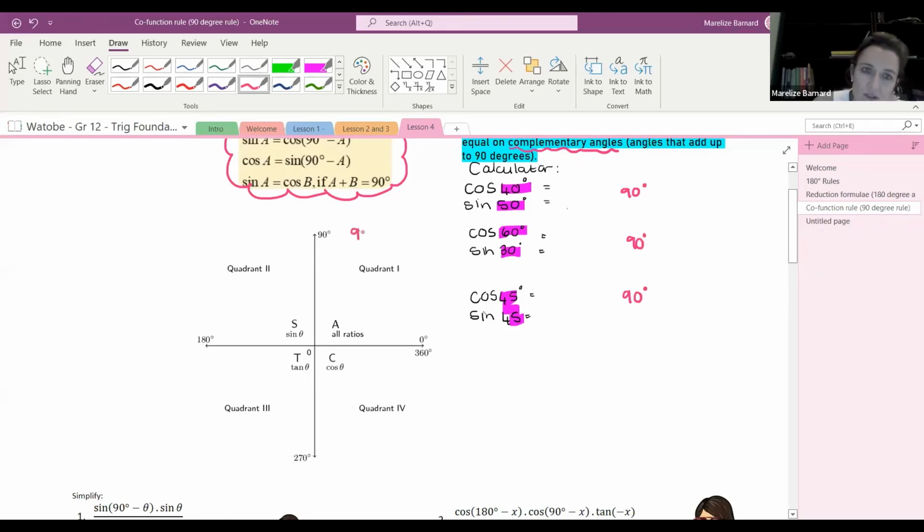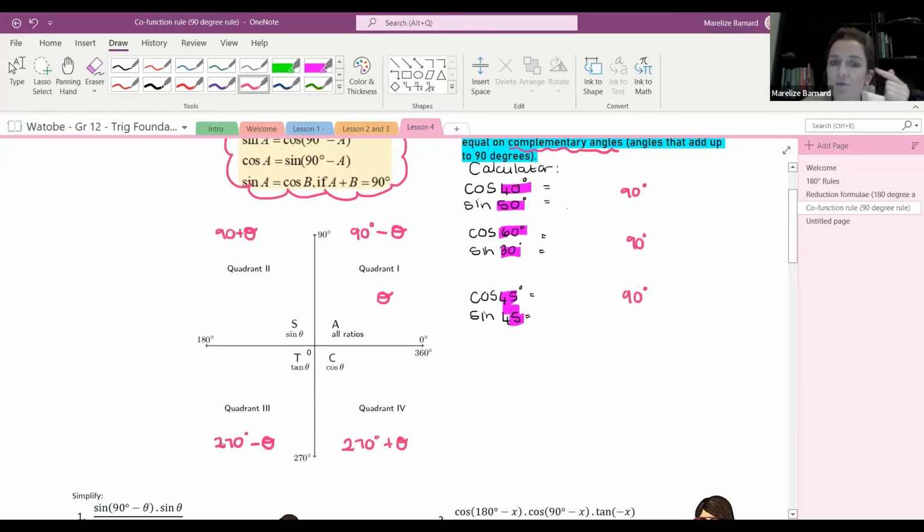We have 90 minus theta, and when you see 90 minus theta, you must know that it is in the first quadrant. 90 plus theta is in the second quadrant. 270 minus theta is the third quadrant, and the fourth quadrant is 270 plus theta.